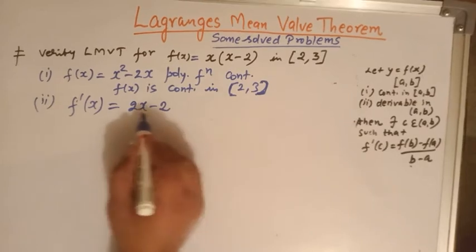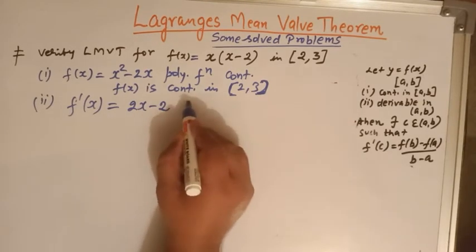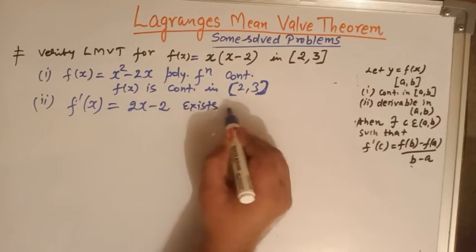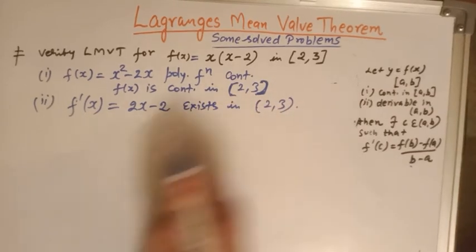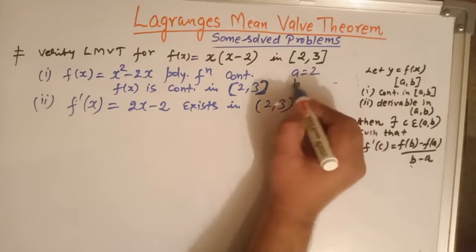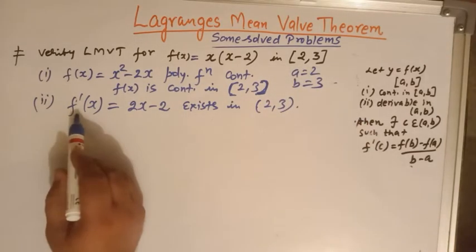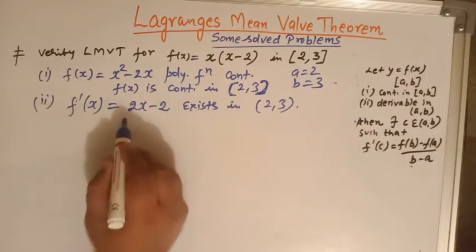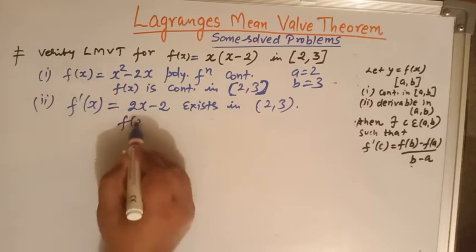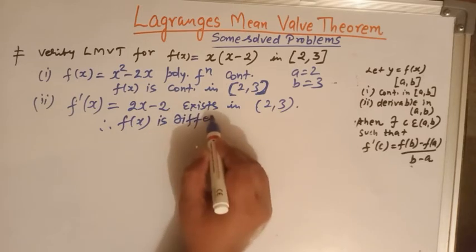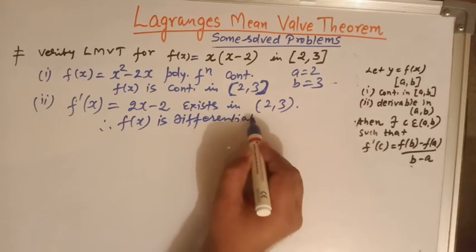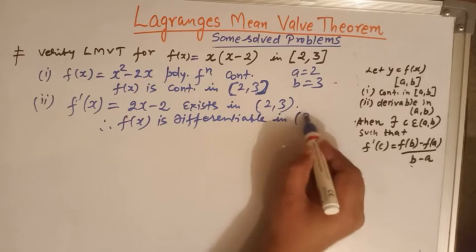And this exists in 2 comma 3. So here we have a is 2, b is 3, and the function f(x) is therefore differentiable in 2 comma 3.